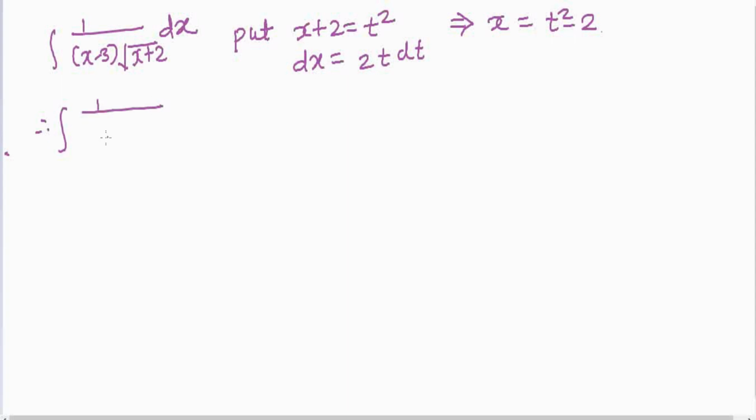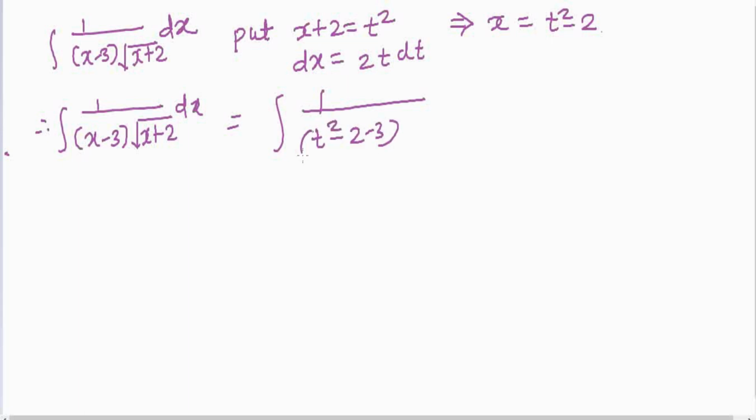1 divided by x minus 3 into under root of x plus 2 into dx equals integration of 1 divided by x. What is my x? t square minus 2 minus 3 into under root of t square. Under root of t square will be t, into dx, 2t into dt.